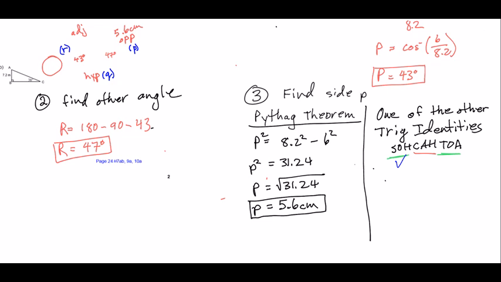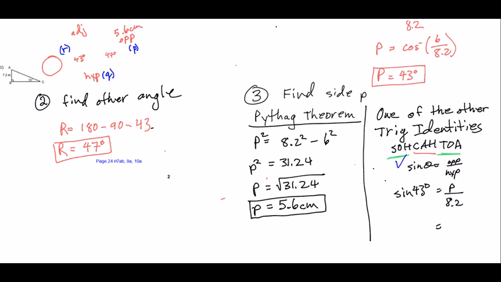So sine of theta is equal to opposite divided by hypotenuse, which is, well, let's see, the opposite we don't know, we call that P, and our hypotenuse is 8.2, and we found our angle to be 43 degrees.